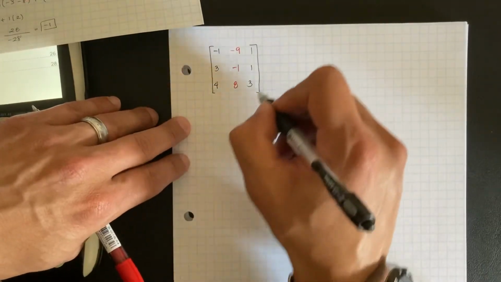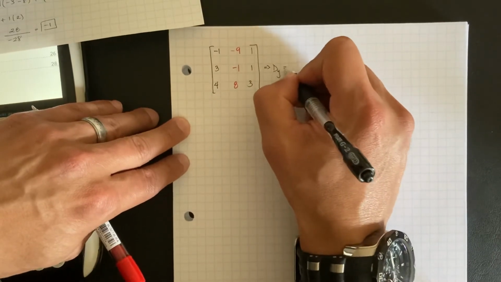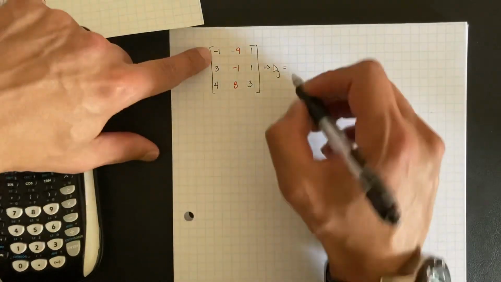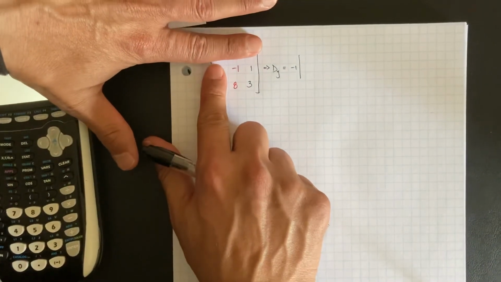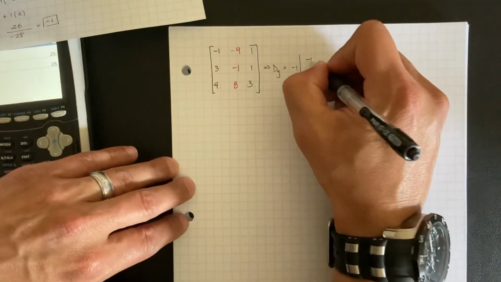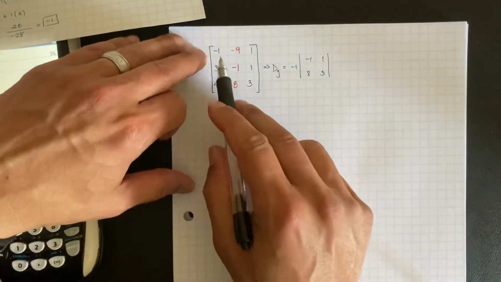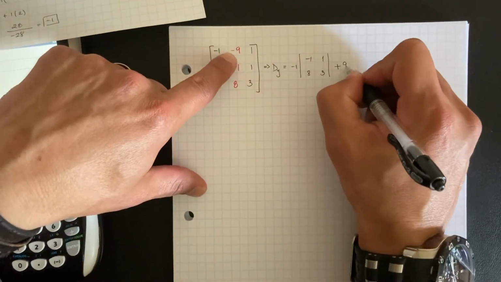Alright, so now I'm going to go ahead and find the determinant, and this is for y, okay? So I'm going to go ahead and do the same thing. So I'm going to use negative 1, okay? And then cover up first row, first column, negative 1, 1, 8, 3. Positive, then that's a negative. So 2 negatives here becomes a positive 9.